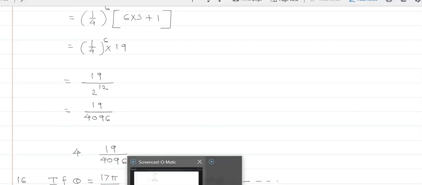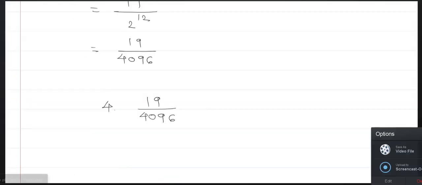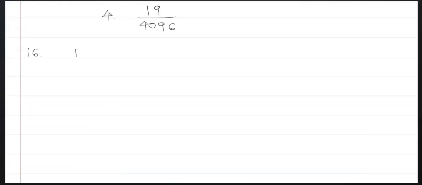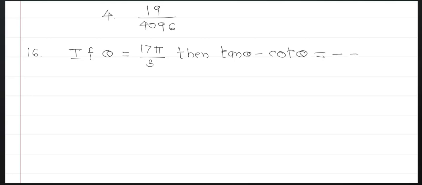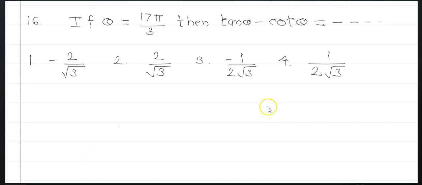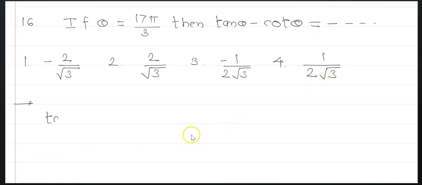Now the next question is question number 16. If theta is equal to 17 pi upon 3, then tan theta minus cot theta is equal to: first, minus 2 upon root 3; second, 2 upon root 3; third, minus 1 upon 2 root 3; and fourth, 1 upon 2 root 3.